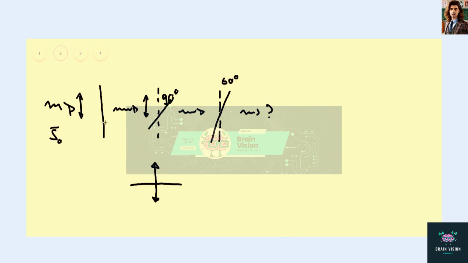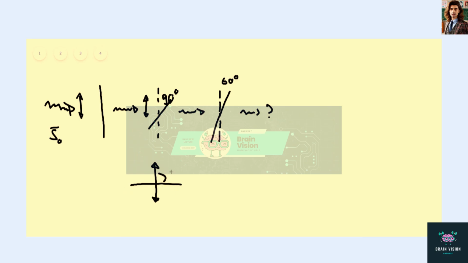Second part, imagine that we had kept the vertical polarizer, but we had removed the 30-degree polarizer, which means that the next polarizer after the vertical one is going to be horizontal. So this means that the light polarized parallel to the vertical axis is going to come onto the polarizer that has a polarization axis that is horizontal.